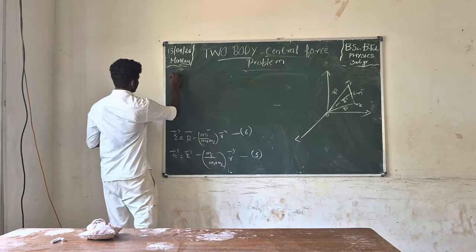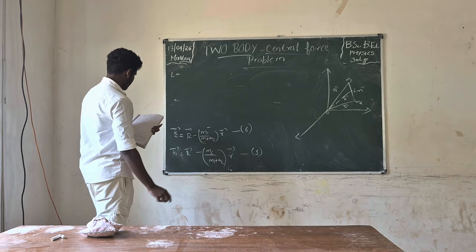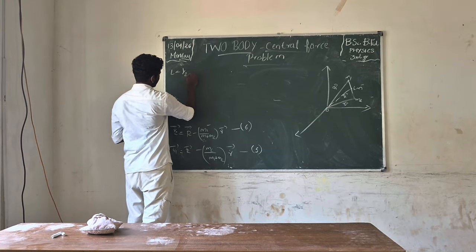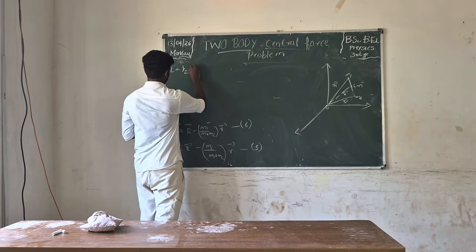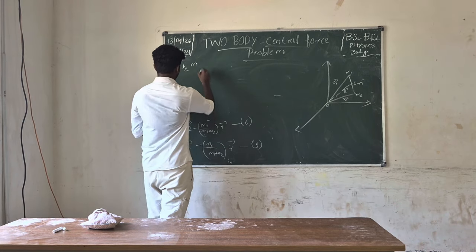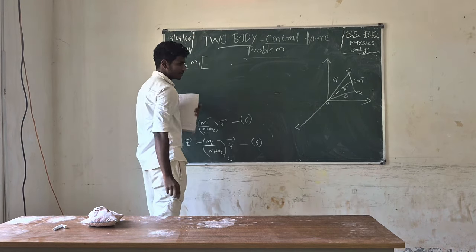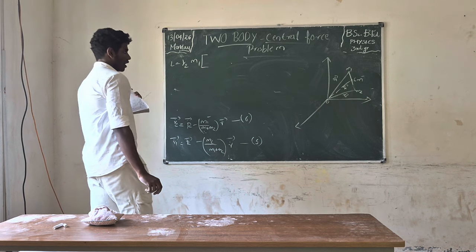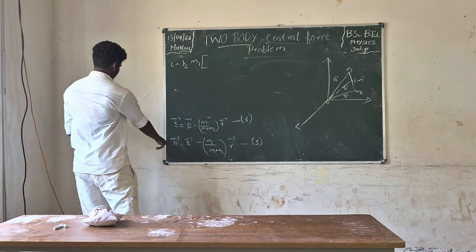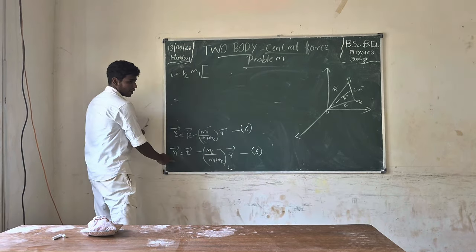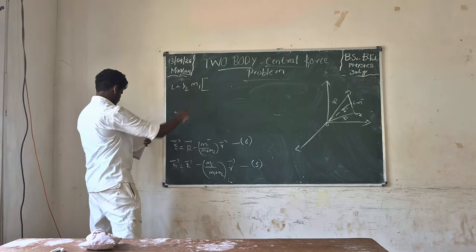The Lagrange equation will become half into m1 r1 dot square. Instead of that, we will write what is the value of r1 dot here. We will substitute that here.